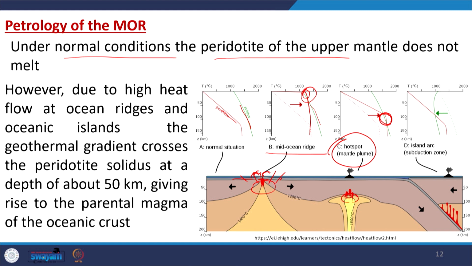However, at this mid-oceanic ridge, the magma is generating from the shallower level. So, that is why we have a carpet of basalt, that is the oceanic lithosphere, and as its magma is derived from this level and continuously being derived from here, its composition more or less remains the same.